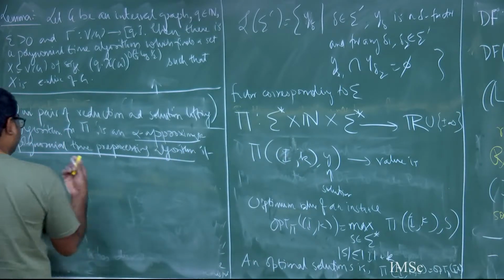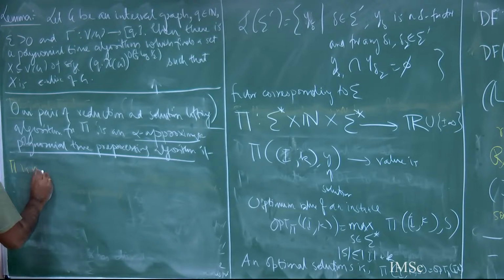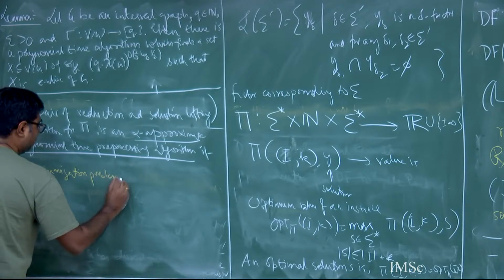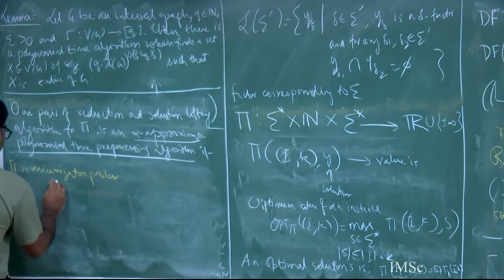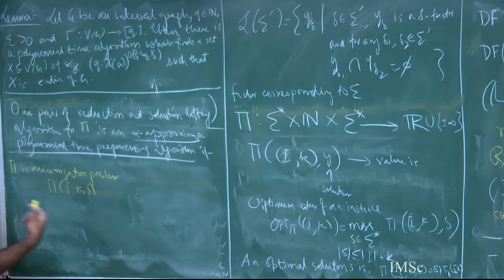But now first let us see what property we want. So, if pi is a minimization problem, then what do we want? That well, pi of (I, k, S). So I gave him a solution, right.